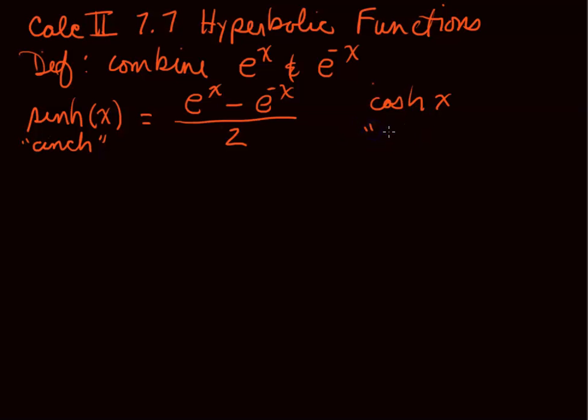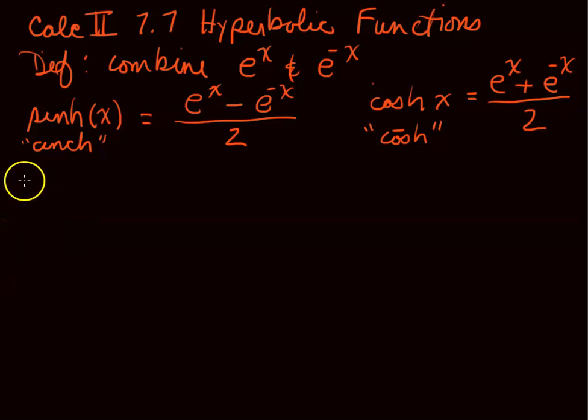I call it cosh. Some people use the C-O-S-H as cosh. In England, they call it cosh. So maybe this is one time I'd use the English pronunciation. It all depends. Just be aware that somebody might pronounce it differently than you do. The only difference between sinh and cosh is that there's addition in the numerator instead of subtraction.